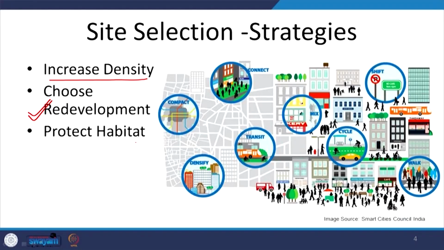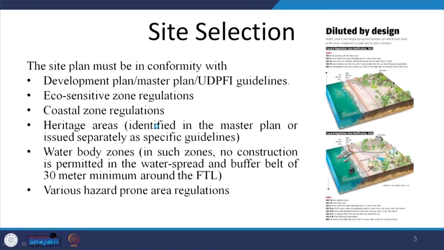While doing that, we are ensuring that the habitat for animals, plants, the natural habitat is protected at any point of time. So, when we are looking at site selection, besides the broad things, we have to see that the development plan or the master plan is conforming with the UDPFI guidelines, the local bylaws or any local law which governs the development of a site.